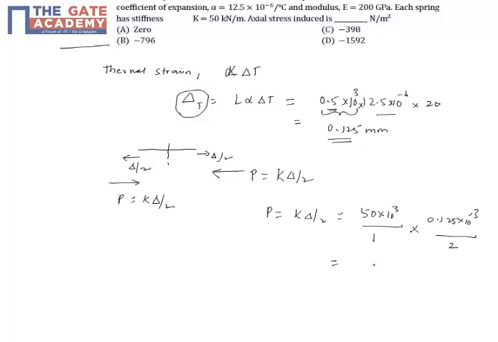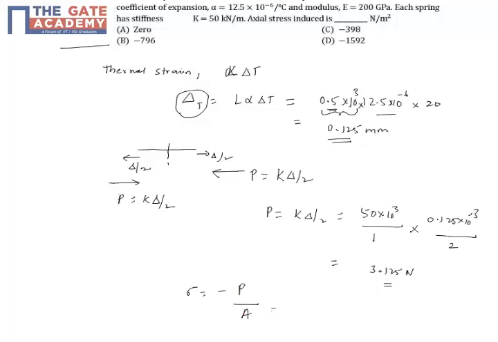So that is 25 into 0.125. 10 power 3 and 10 power minus 3 get cancelled, so you get 25 into 0.125, and this value is about 3.125 Newton.